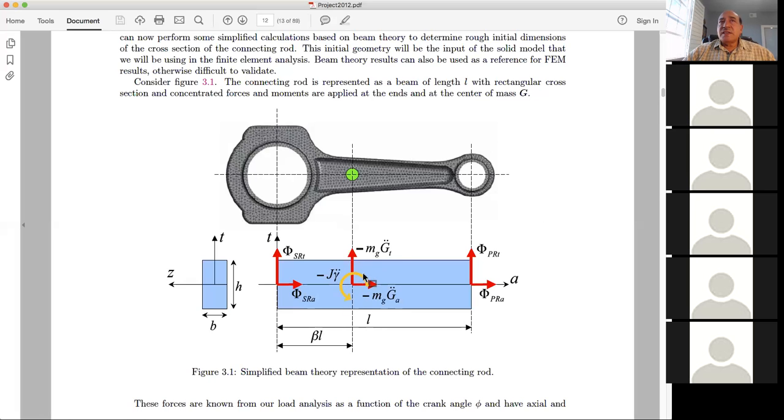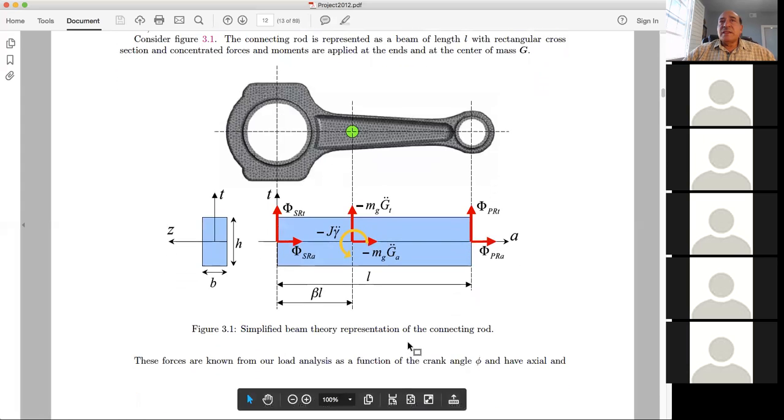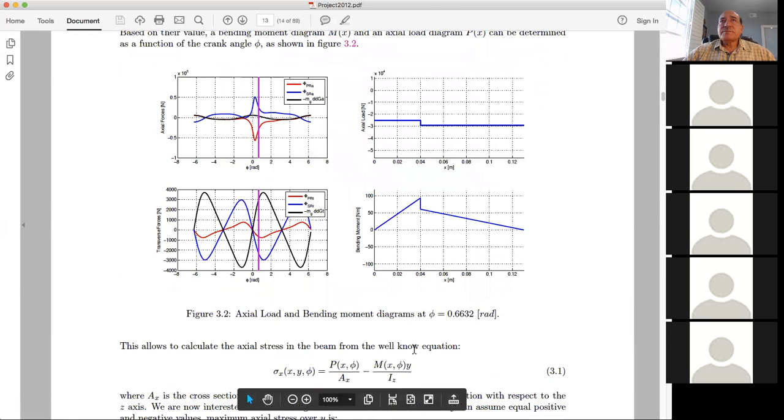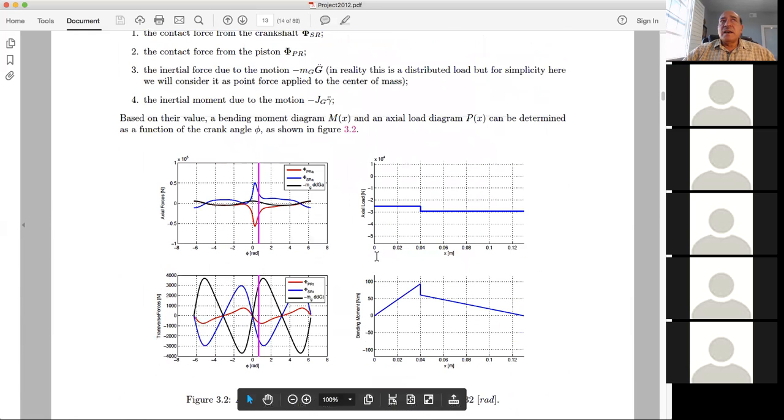And these three here are to be included in beam analysis. So in beam analysis, we have a beam column, with two components here, three here, and two here, and then we are to construct the axial load diagram, like here, and the bending moment diagram, and then the variation at certain angles.